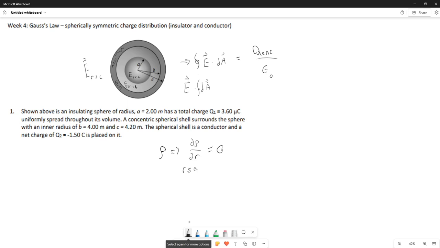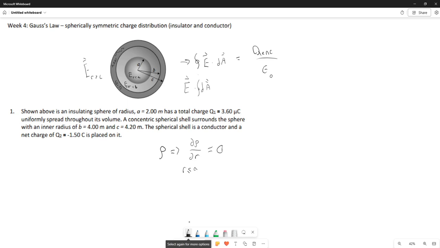The derivative of the charge density with respect to radius would be equal to 0. It's important to make that point, because if the insulating sphere had a total charge in it, but it wasn't uniformly spread, this would be a more complicated problem. But in this class, for the most part, unless we're dealing with point charges, we're dealing with uniformly distributed charge distributions. Okay, so that's one thing to realize, what that implies.